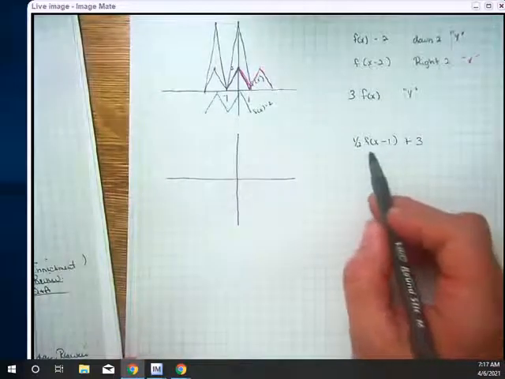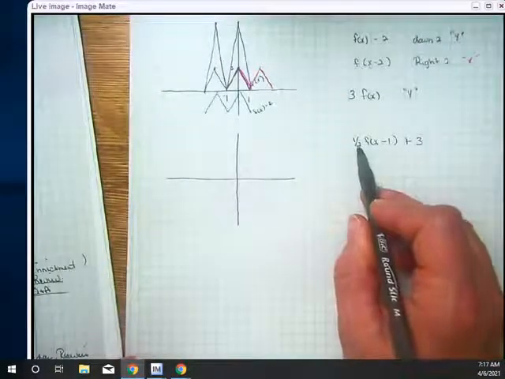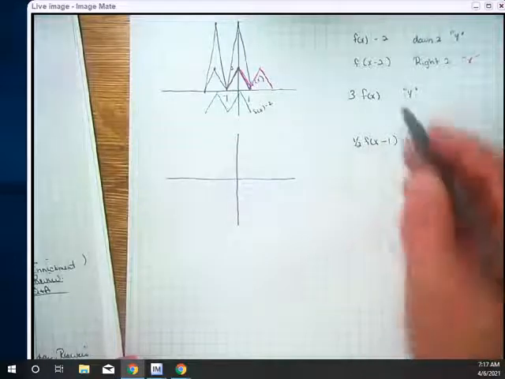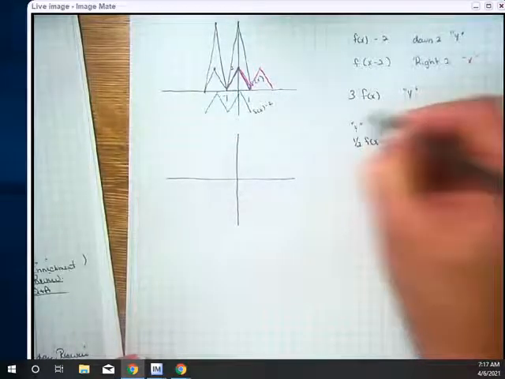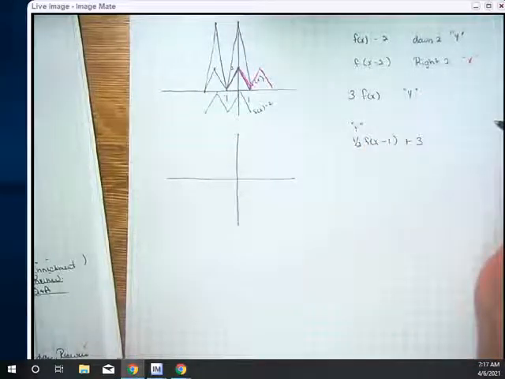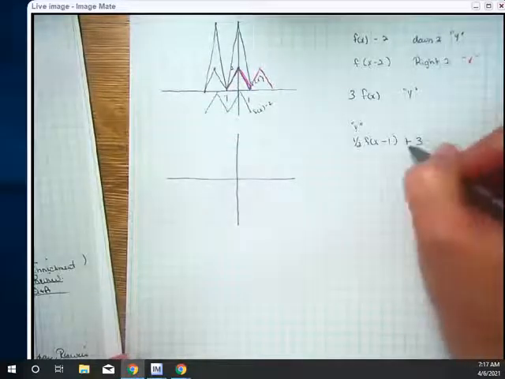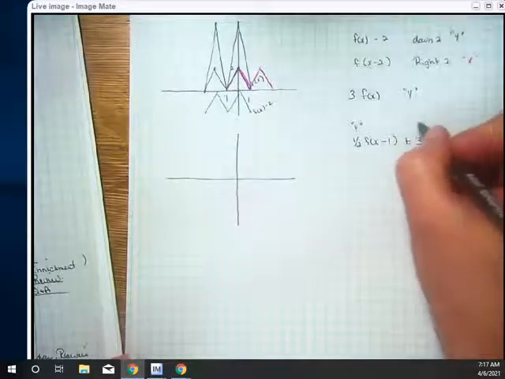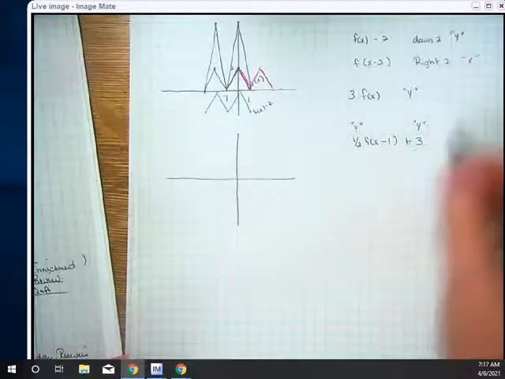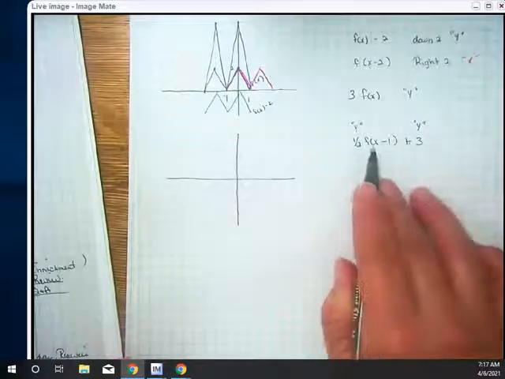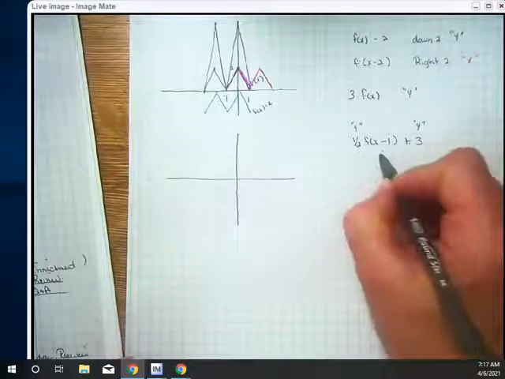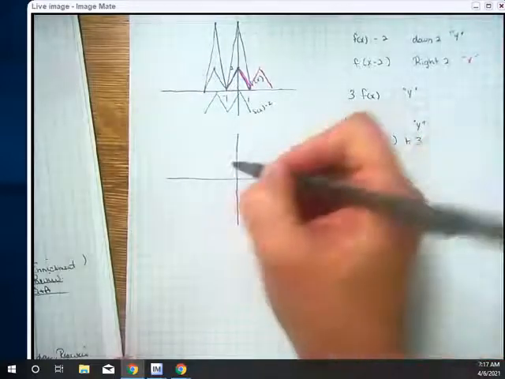This 1/2 is multiplied by the output y. So the 1/2 is a vertical shrink by a half and then a plus 3. And the plus 3 is also affecting the y value. The x minus 1 is affecting the x value.